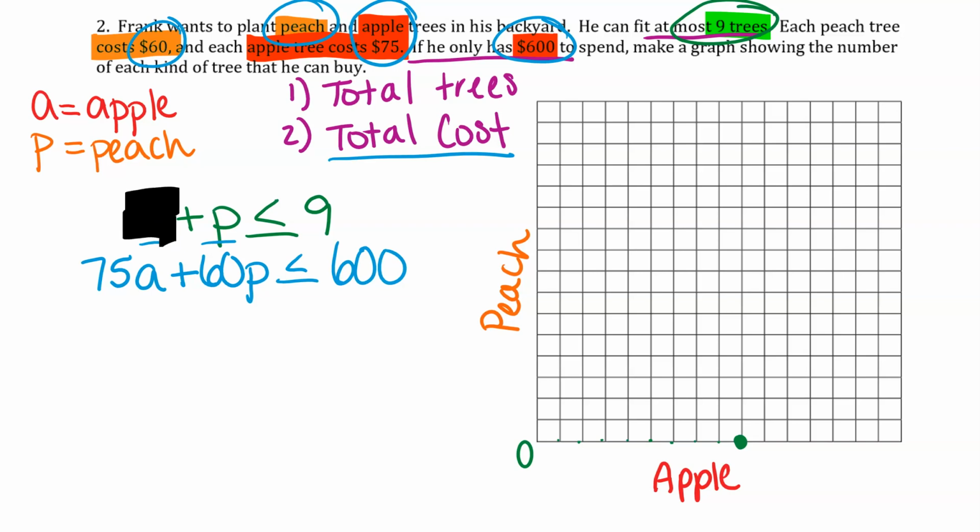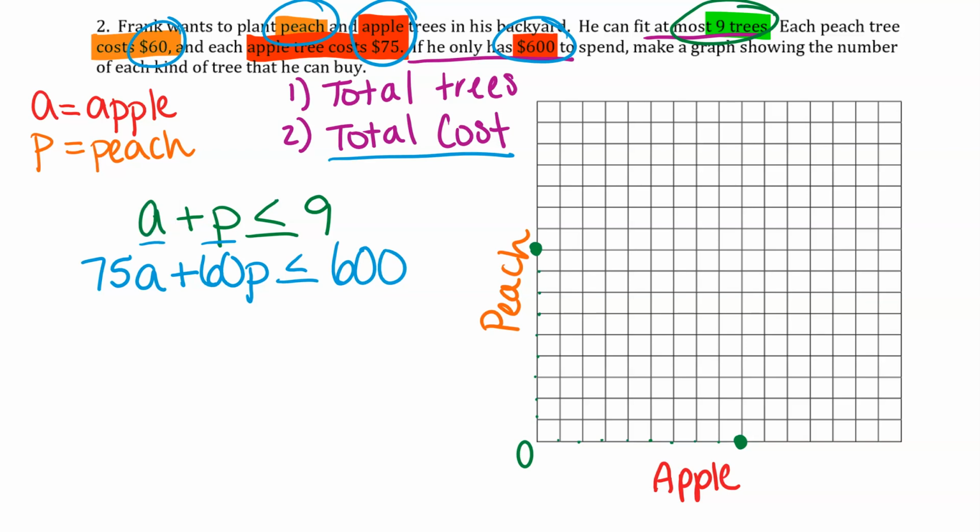So total peaches, we cover up the A. If I only want peach trees, I could max out at 9 again. So 1, 2, 3, 4, 5, 6, 7, 8, 9. Okay, those are my 2 points.